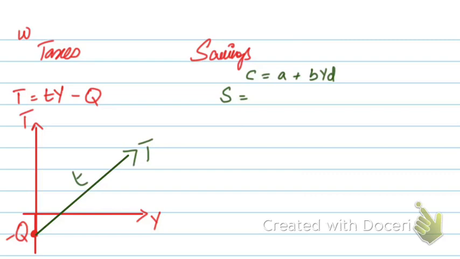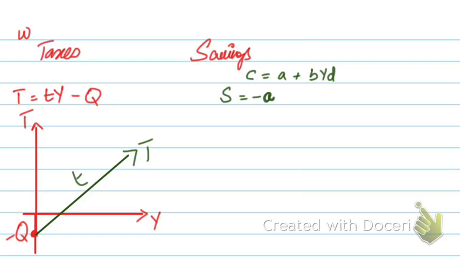So when my income levels are 0, I still will be consuming. There will still exist autonomous consumption. So when my income levels are 0, I'm still spending something, so my savings at Y equals 0 will be minus A, because I'm not earning anything, but still I'm spending.